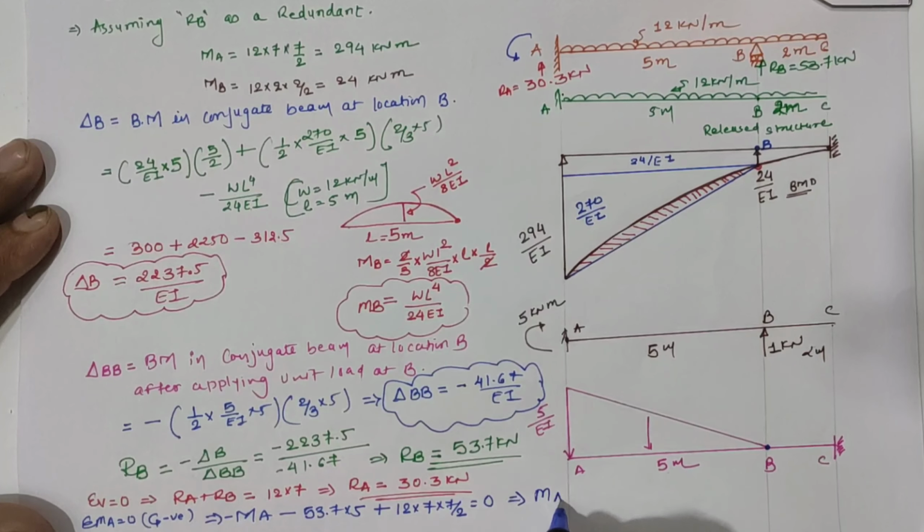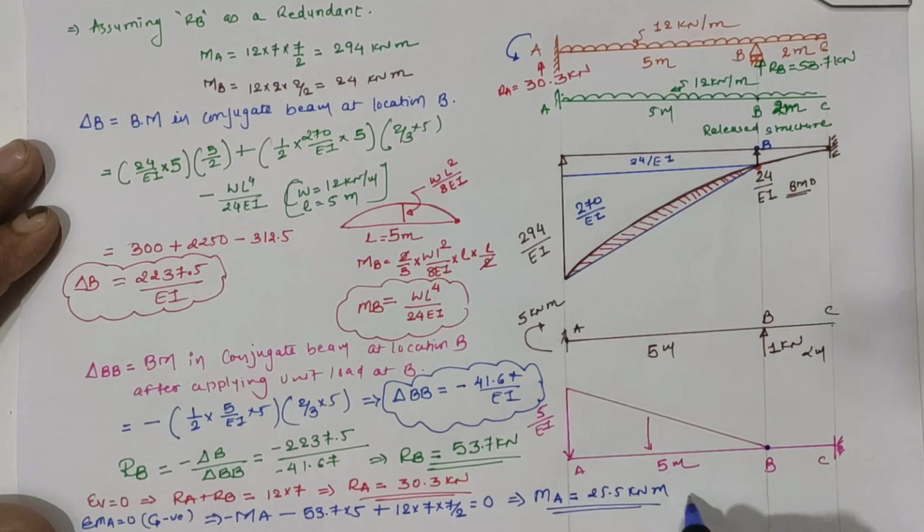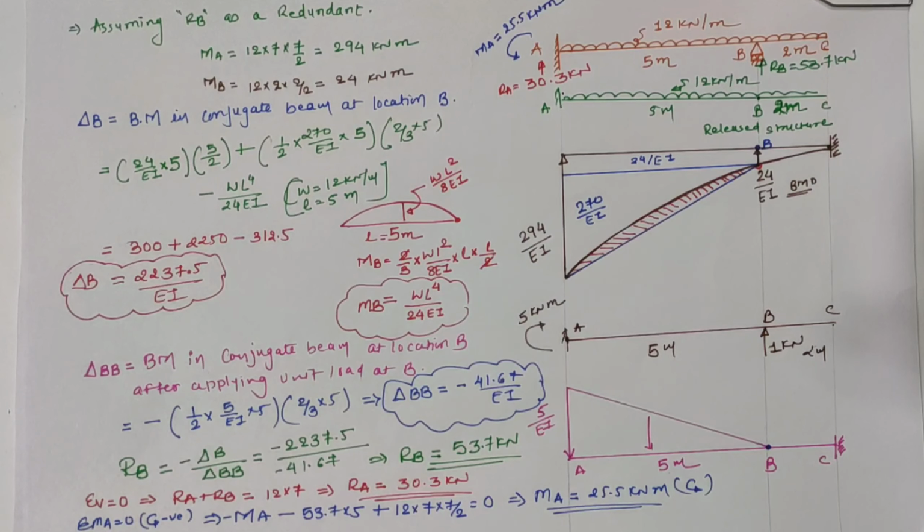Hence our moment at A is equal to 25.5 kilonewton meter, and our value is positive, hence our assumed anticlockwise direction is okay. So the moment at A is 25.5 kilonewton meter. Thus we can calculate all the reactions using the consistent deformation method.